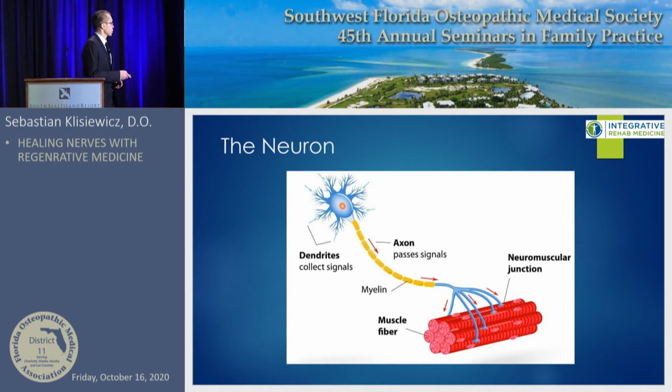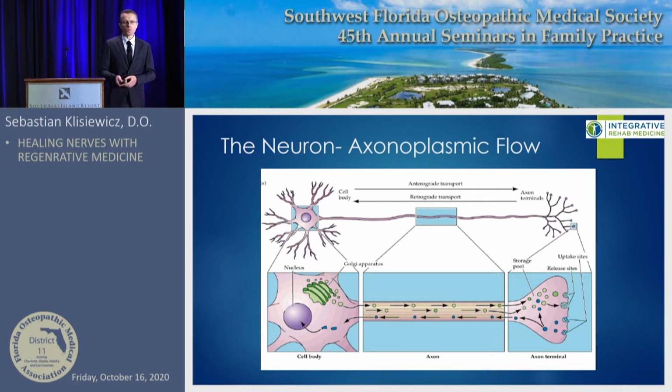So the impulse travels from the cell body down to the end organ through the axons. The axons also have what we call axoplasmic flow or axon transport, where different nutrients are coming to the axon from the cell body down to the end organ, and the other way, retrograde. End products and metabolites are going back to get recycled.